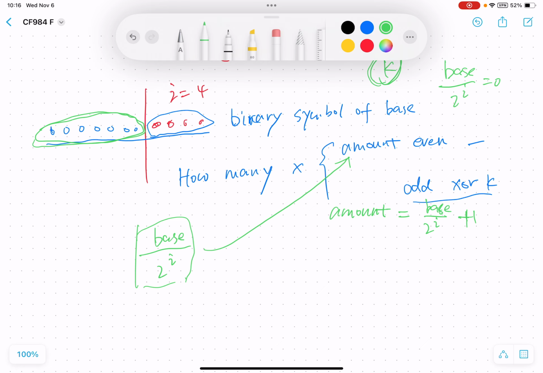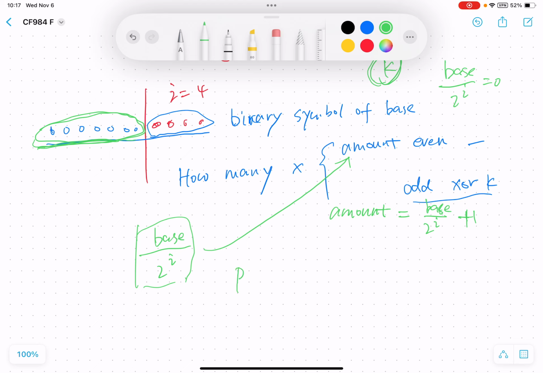For the first several element binary bits, we also need to find the XOR, the answer after XOR of all elements.